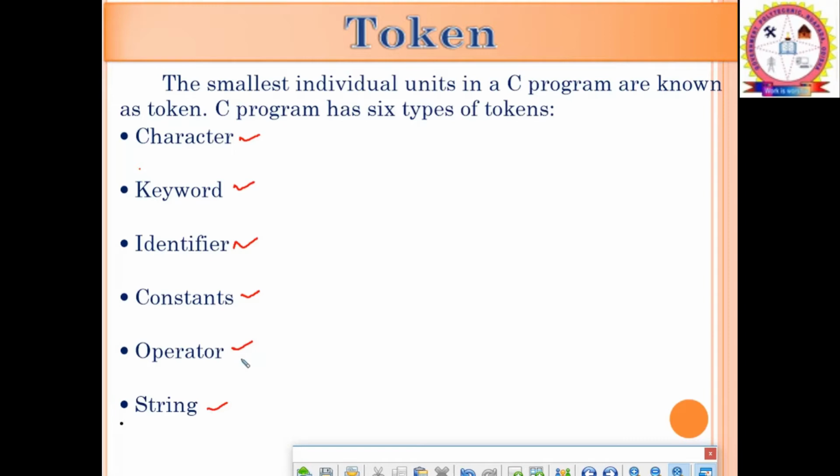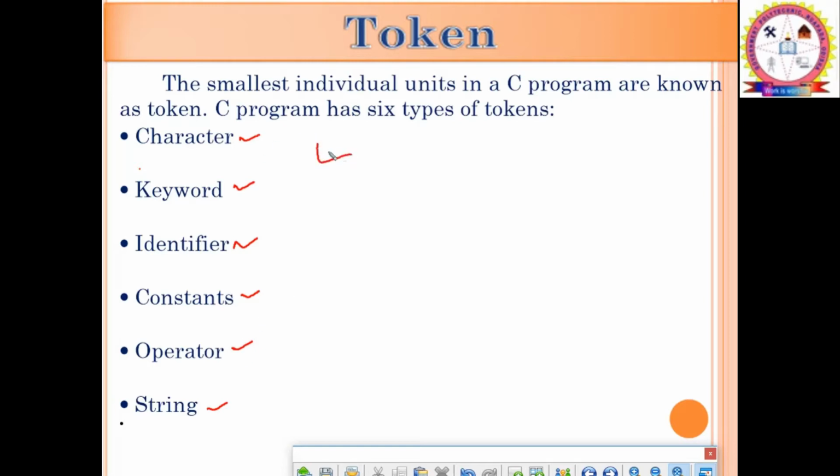Like in any language when you learn, let us take the example of the English language. Before learning the English language, what do we have to learn? We learn the smallest individual units of the English language. What are the smallest individual units?